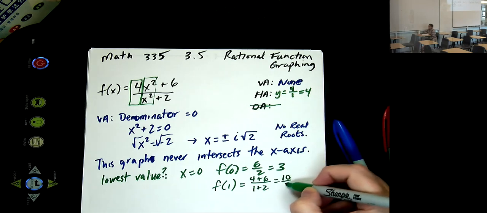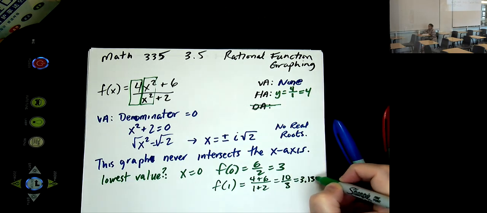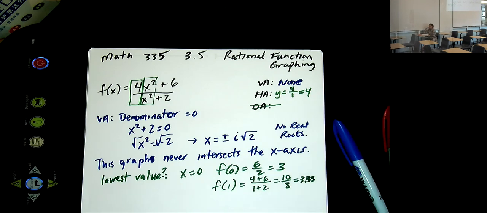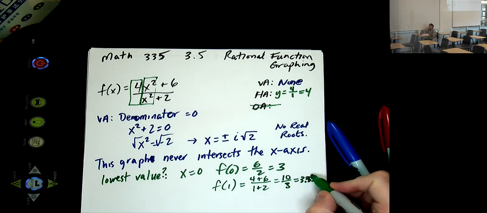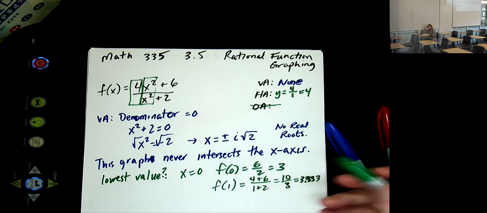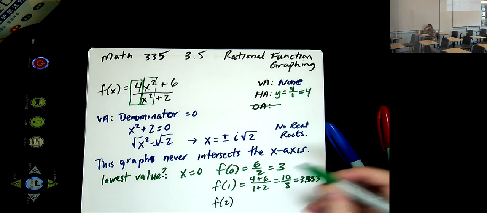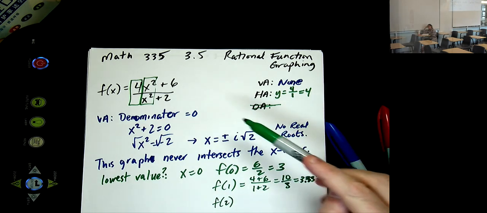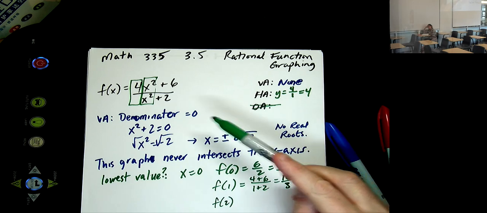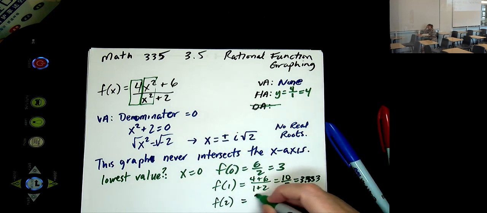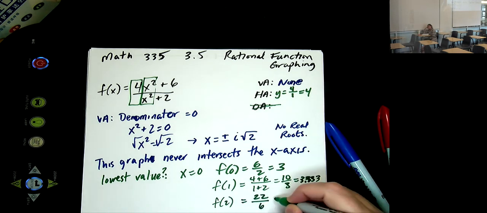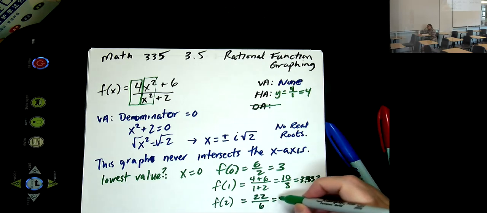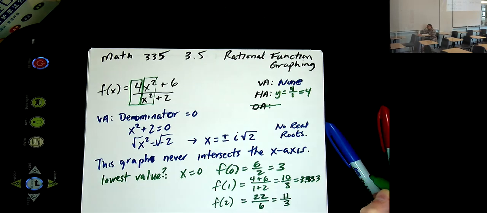That's 10 over 3, which is 3 1/3, or 3.333. If I stick in 2, I've got 2 squared is 4, so 16 plus 6 on top is 22, and 4 plus 2 is 6 on bottom. This is 11 over 3. So it's getting larger.